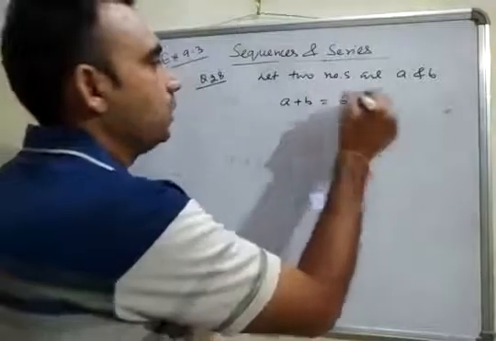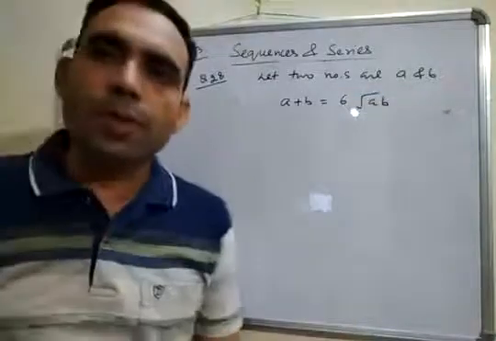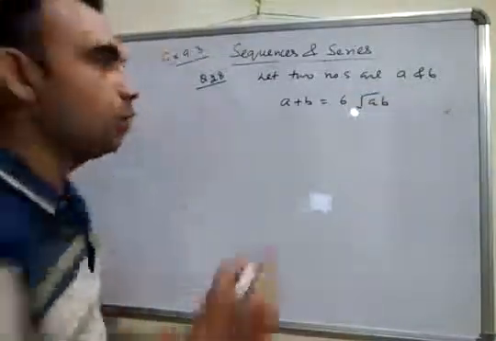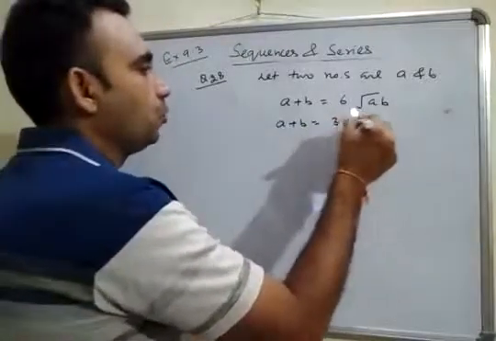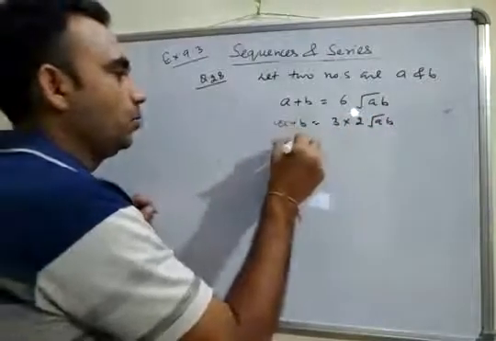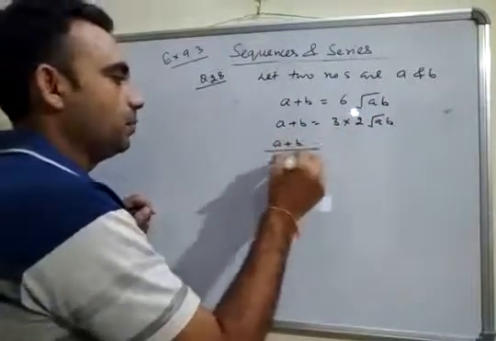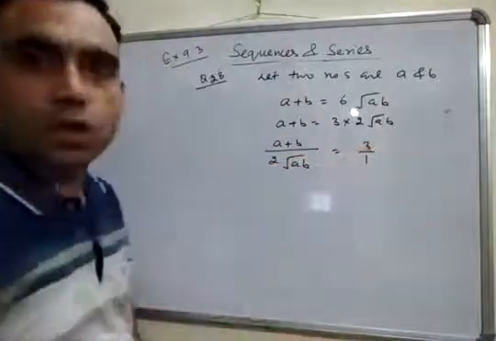Implies 6 into, and geometric mean of A and B is equal to under root AB, and we have to find out A ratio B. So we can write A plus B is equal to 3 into 2 under root AB divided by 2 under root AB. So A plus B upon twice of under root AB is equal to 3 ratio 1.